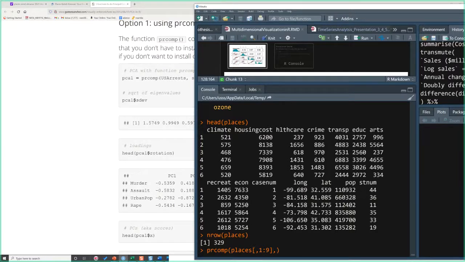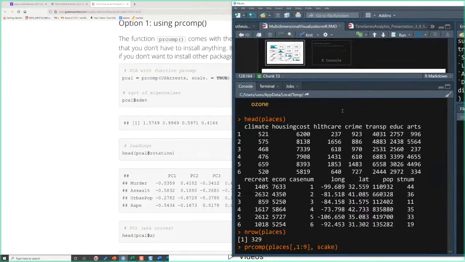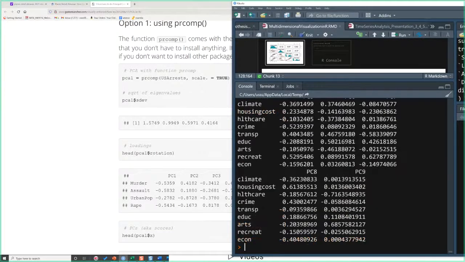Yeah. So, and then we want to standardize. Why do we want to standardize? scale equal to TRUE, you have to say, okay? Standardization will remove the differences in unit of measurement.